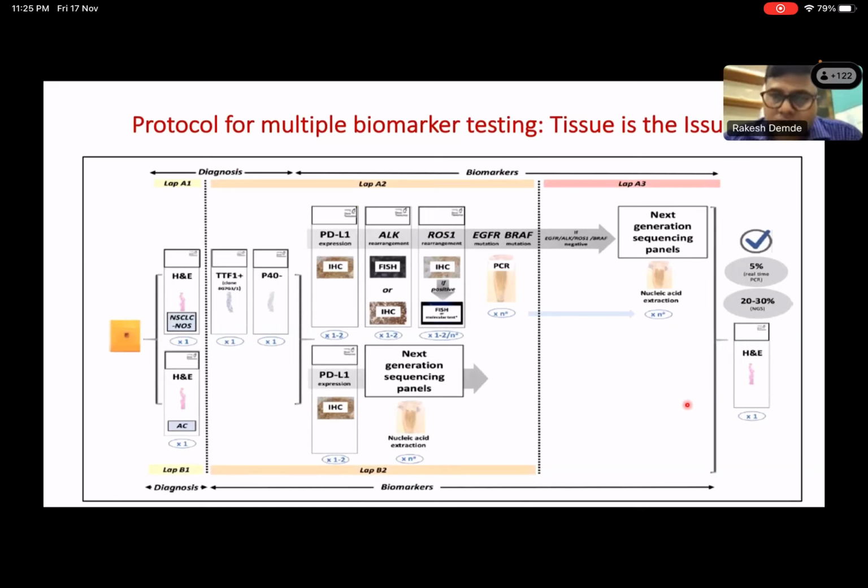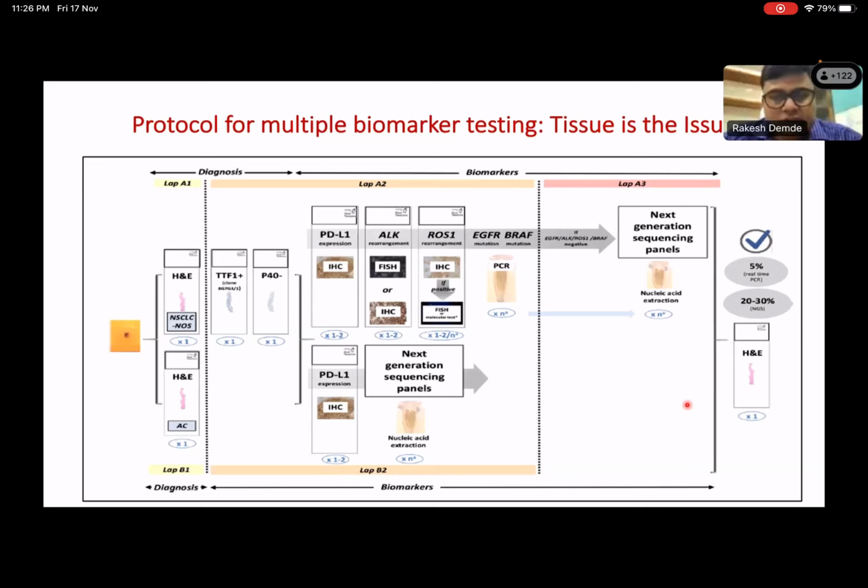In lung carcinomas, we also face the challenge that tissue is the issue, where you get a lot of core biopsies, and when you do individual biomarker testing for ALK, ROS, EGFR, you tend to deplete the tissue. It becomes very difficult to get information on other genes which are not part of our regular biomarker testing, so you don't have tissue to go for next generation sequencing panels.